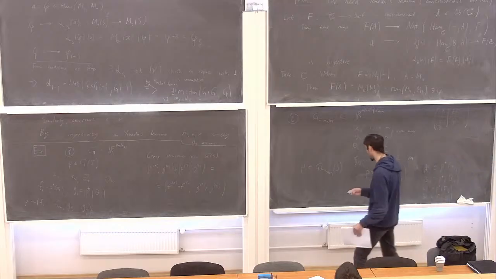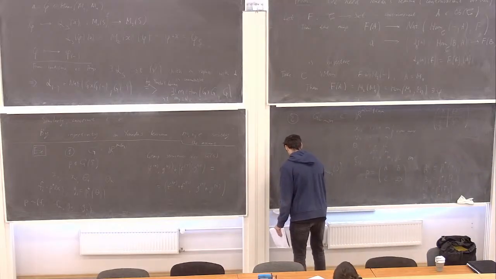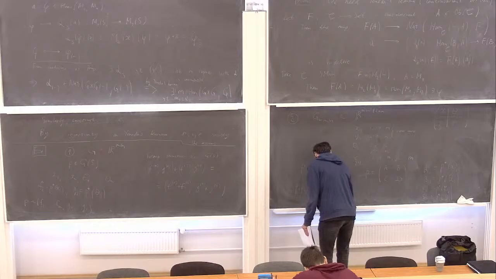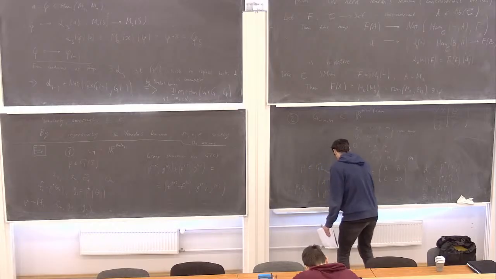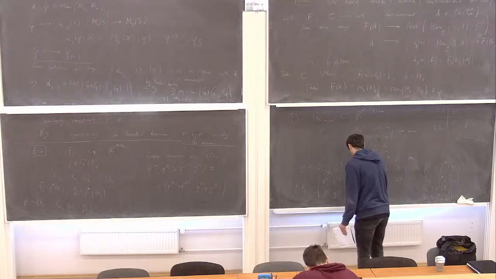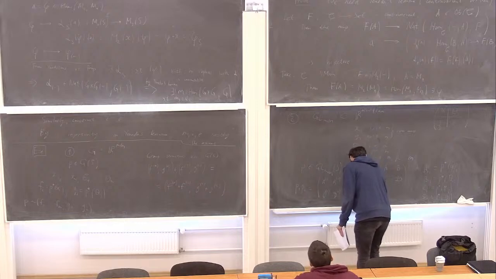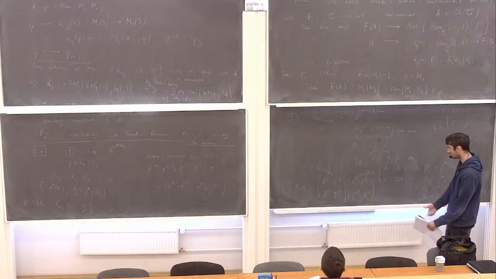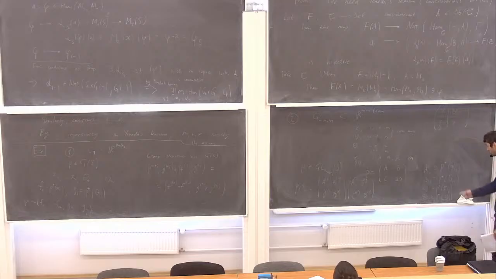So P1 times P2: I just take the corresponding matrices, maybe (A1, B1; C1, D1), and multiply by (A2, B2; C2, D2). I get something, again write this in blocks, and this will be the corresponding point.